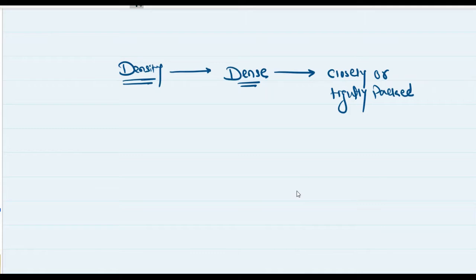There are so many people that there is no space. So dense also means less space for each and every one, less space, more people. Okay, but we are not going to talk about people over here.